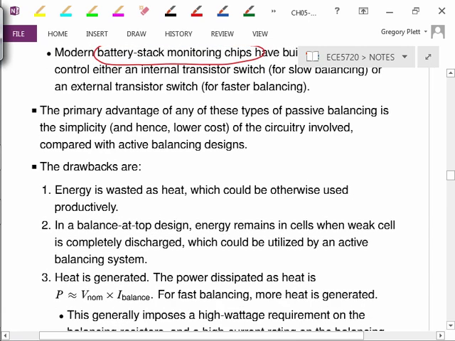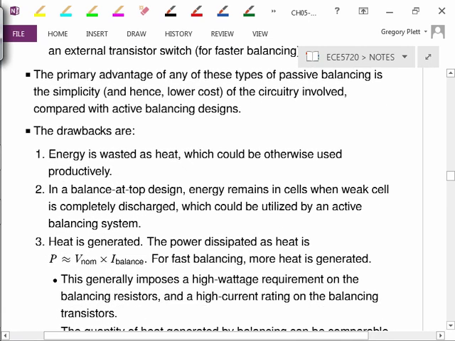When we're looking at any of these passive balancing systems, the primary advantage compared to active balancing is simplicity and therefore cost. And cost is a big deal in a lot of applications compared to this active balancing design.